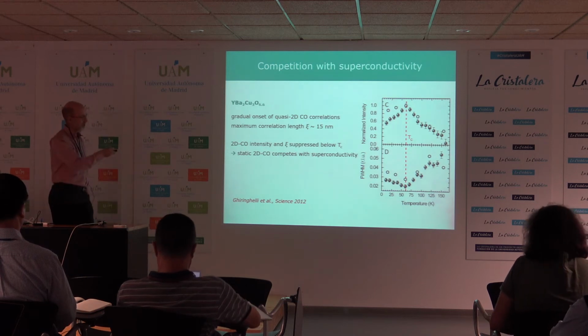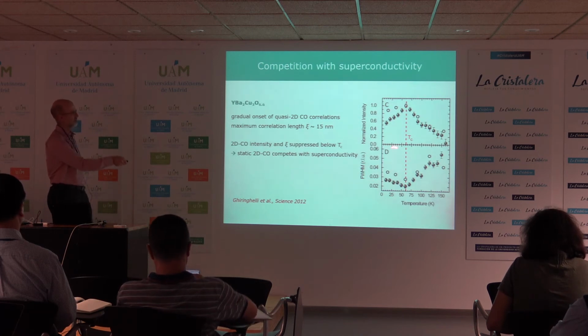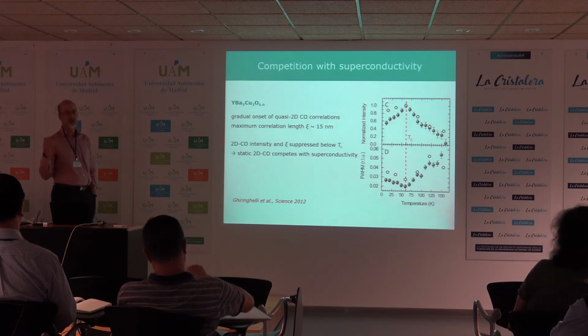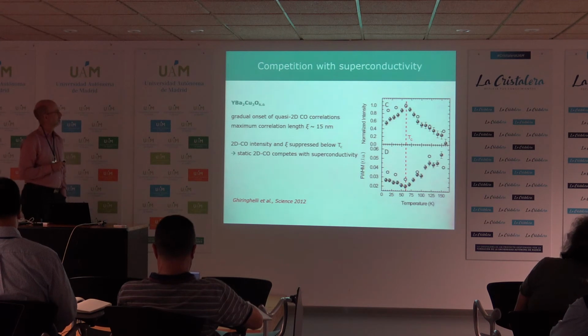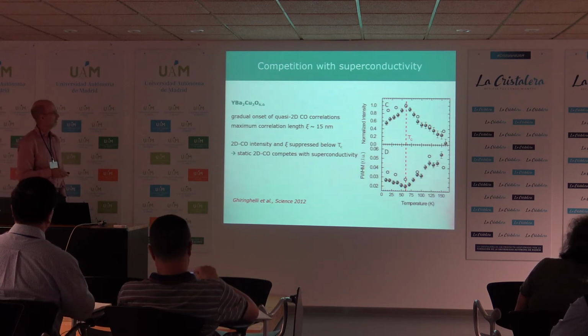But before the correlation length completely diverges, superconductivity happens, and at the superconducting transition, the correlation length and intensity drop precipitously. So that tells you right away that charge order competes against superconductivity.